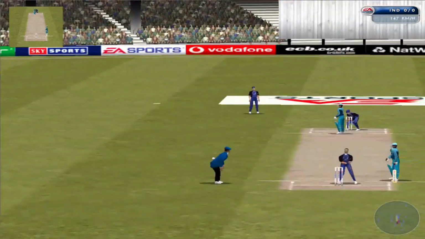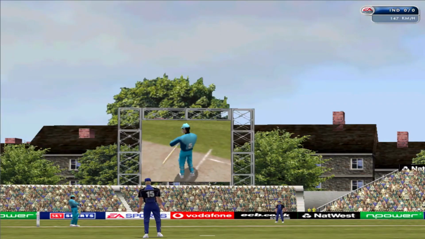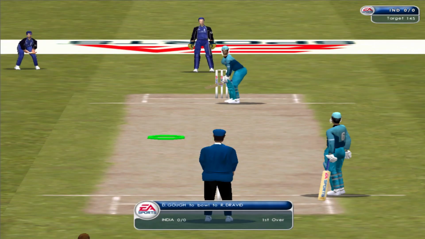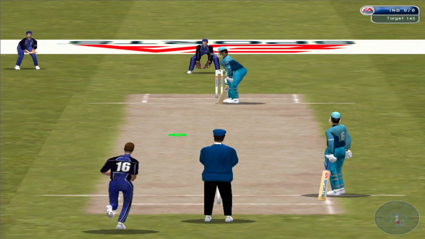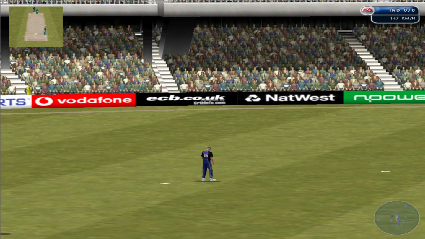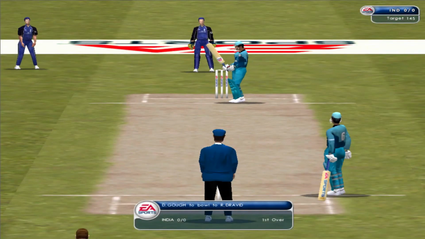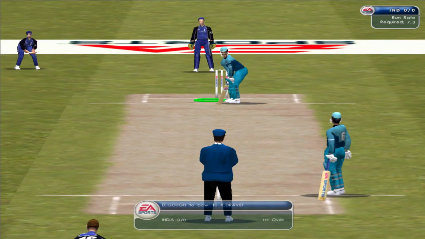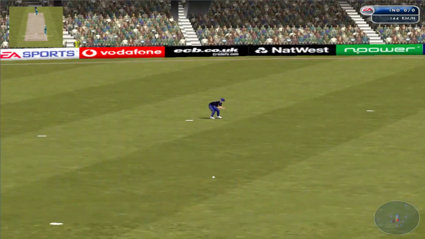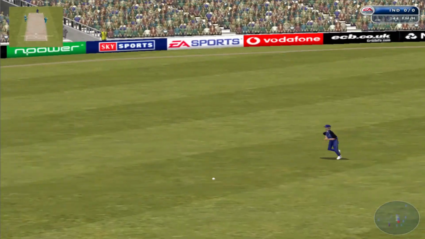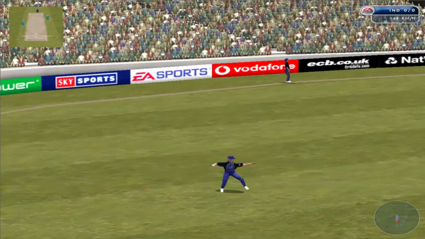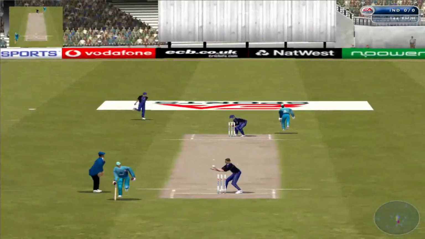It's straight at Caddick. That's a lovely way to get off the mark. Knight just picks that up inside the rope.